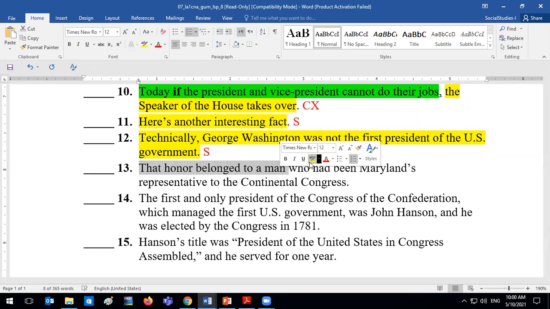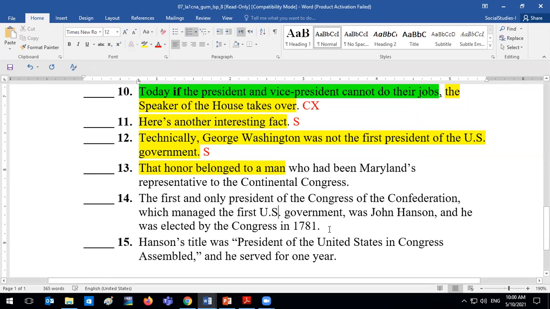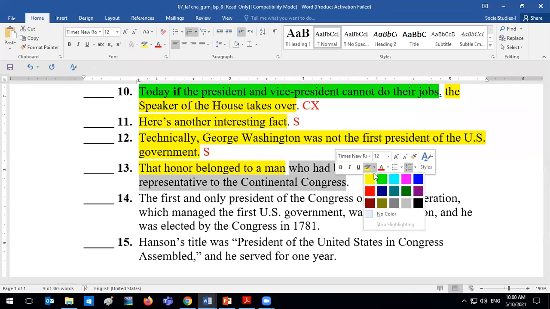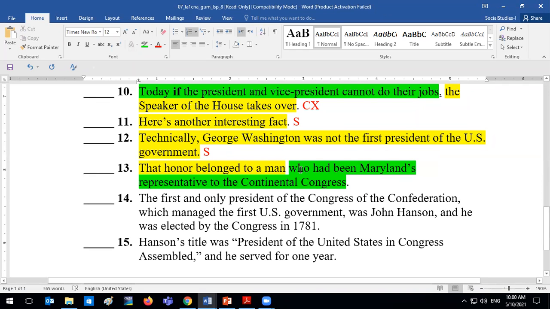Perfect. This is my independent clause. What about my subordinate clause? Who had been Maryland's representative to the Continental Congress. Great. This is my subordinate clause, and it starts with who. And what is who? A relative pronoun. Good job. And we agree here that this is a complex sentence. Perfect.